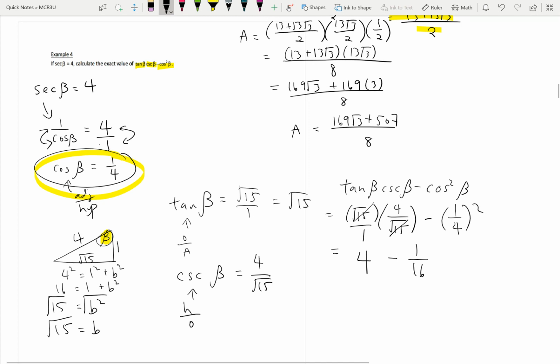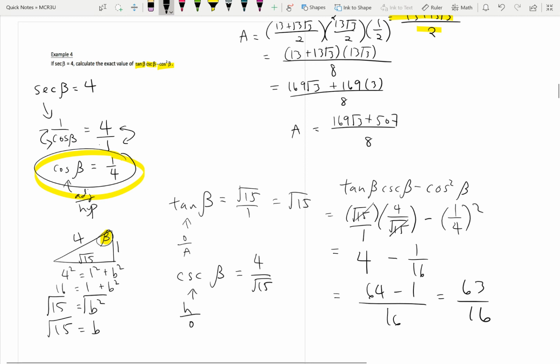And finally, when I am evaluating this together, I know that 16 times 4 is 64, I think. Yeah, it is correct. I can minus 1, and so the exact value of this ratio is 63 over 16.